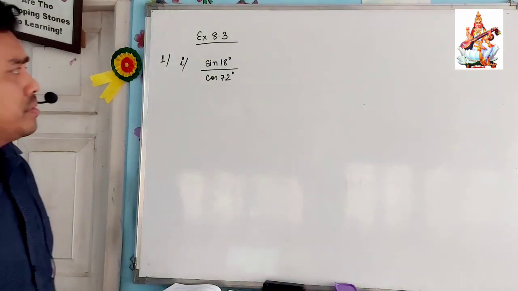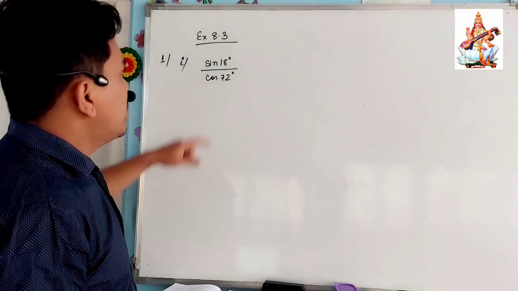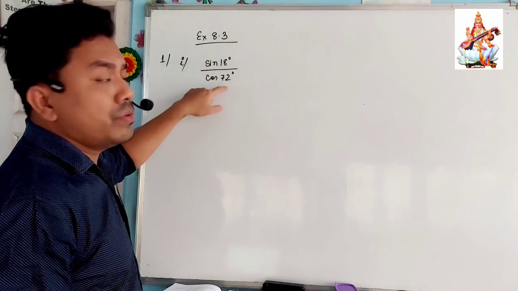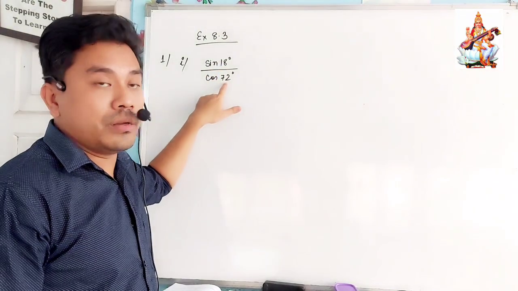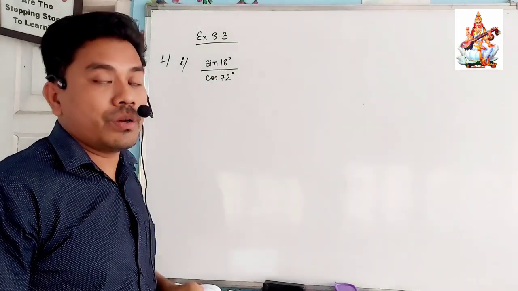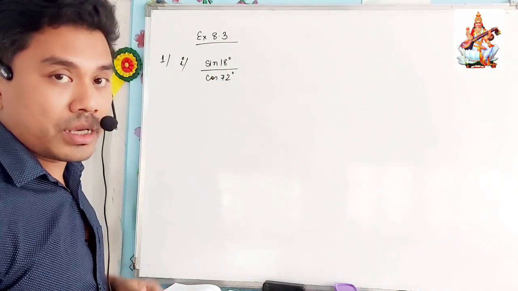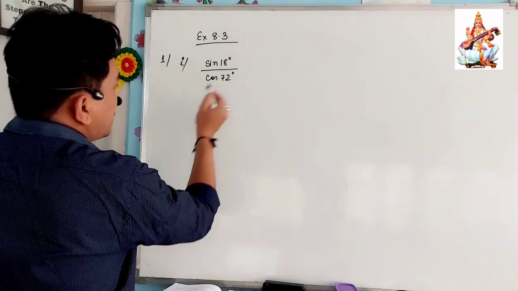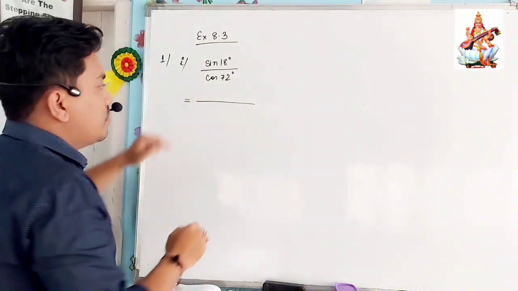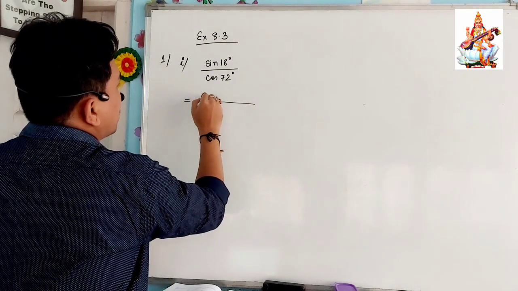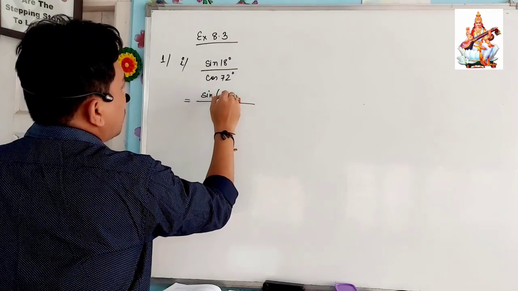Now in this question, you can see that the angles are complementary to each other. 18 degrees, 72 degrees, they are complementary because the sum of these two angles is 90 degrees. So in this case, we have to convert one of them into the complementary form.